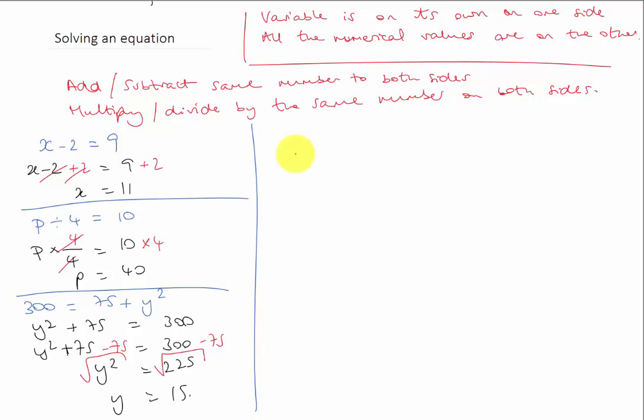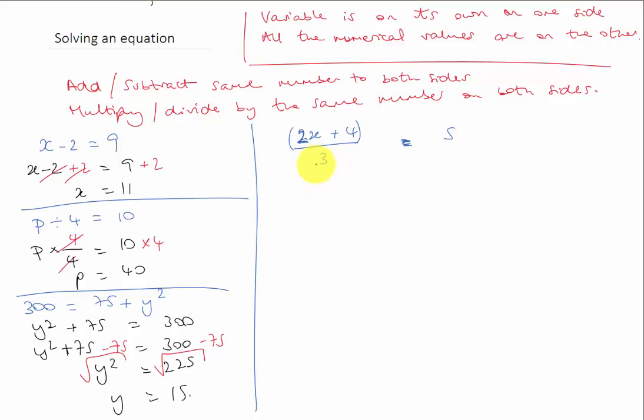I'm going to give you one more. How about (2x plus 4) all over 3 is equal to 5. So here is this whole expression that's being divided by 3. I'm going to put brackets around it just to make it really clear for myself.